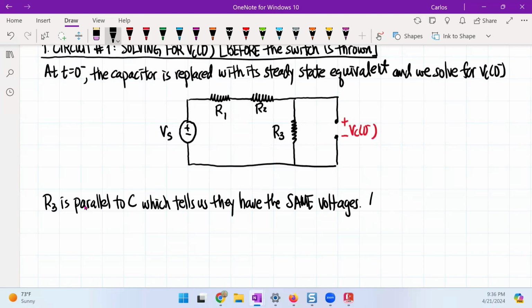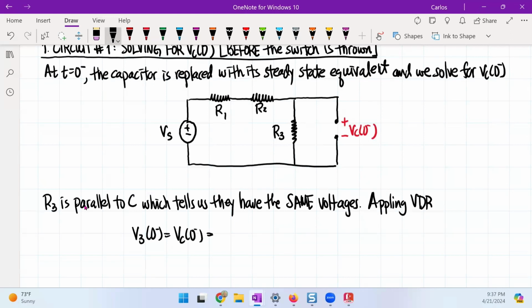So applying VDR, we see that the voltage of resistor 3 at 0 minus must be the voltage of the capacitor at 0 minus.